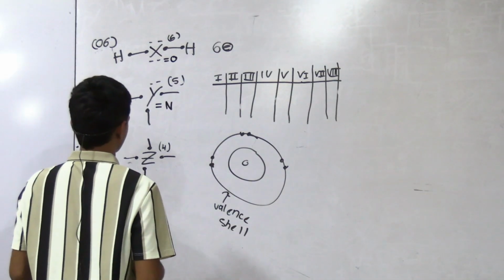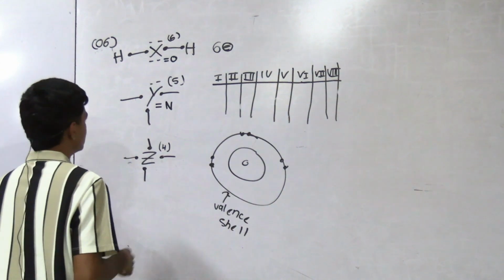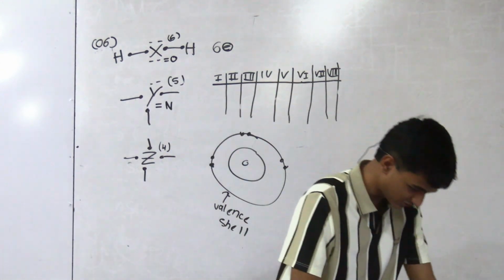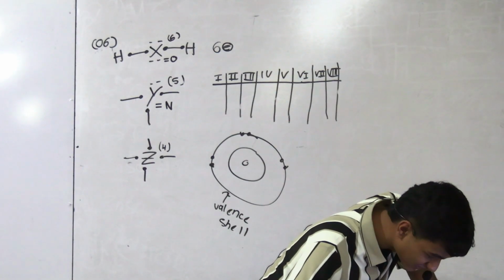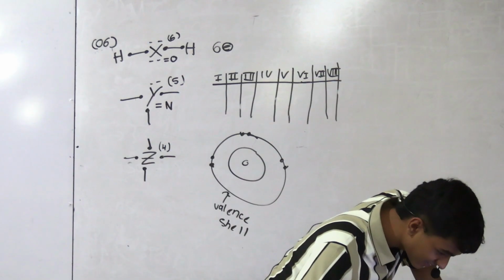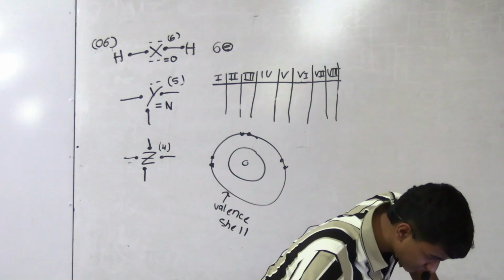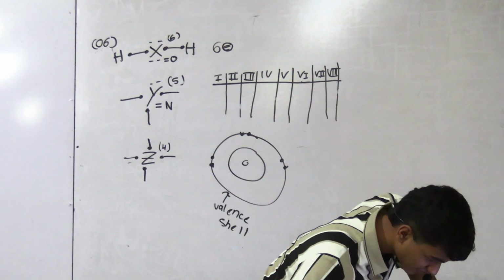X is gonna be oxygen, and Z is gonna be carbon, my favorite element. You guys understand why it's my favorite in A levels? Hopefully, if you do it. So the answer is gonna be number 2. You can identify that the answer is number 2 if you identify X first. So it's an easy one.